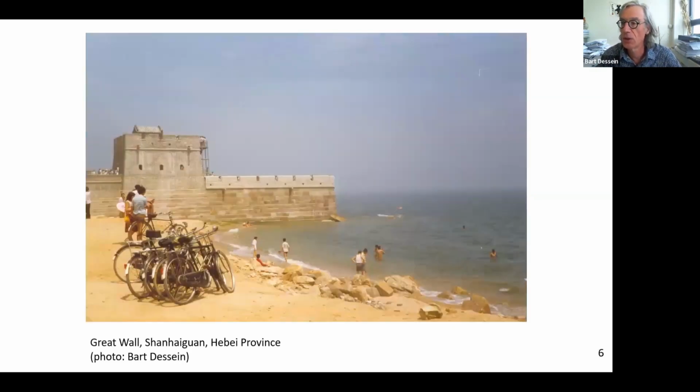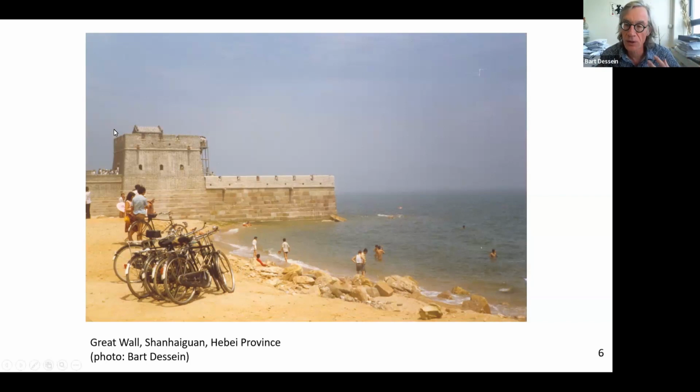If you go to the easternmost part of the wall, you see that the wall ends in a kind of small fort that enters the sea, showing that indeed at that moment there was no maritime threat for the Chinese cultural and agricultural land, and there was a terrestrial threat coming from the north from the nomadic people.